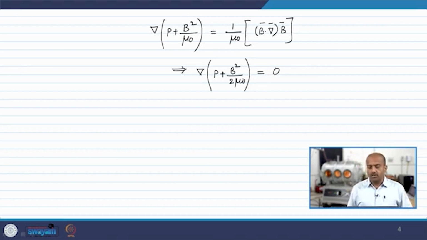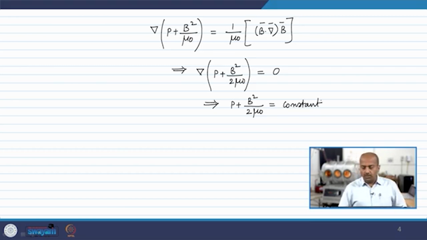Or if B is not changing spatially, we can write P plus B square by 2 mu naught as a constant.